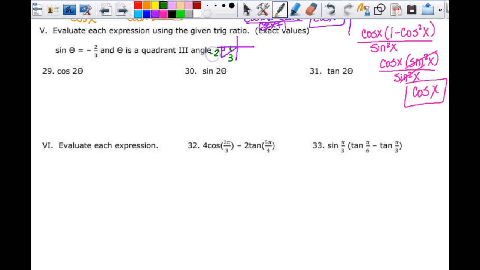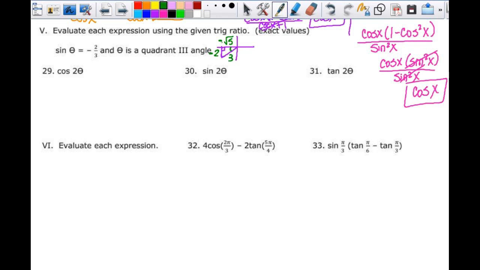This is negative. Now, I saw a couple of people have the wrong value for x here because they didn't do the Pythagorean theorem correctly. So make sure you're doing it correctly. It's going to be 9 minus 4, which is 5. So this is the square root of 5. And on top of that, here's where some of you messed up on the homework. That is negative because I am in the third quadrant there. So I'm sorry, negative square root of 5.